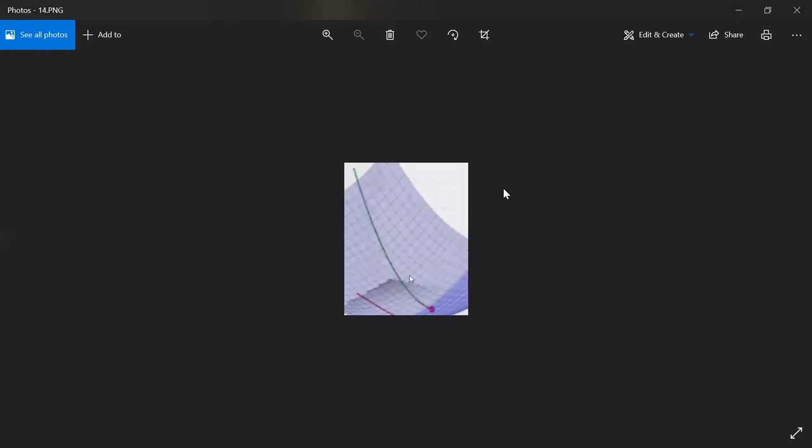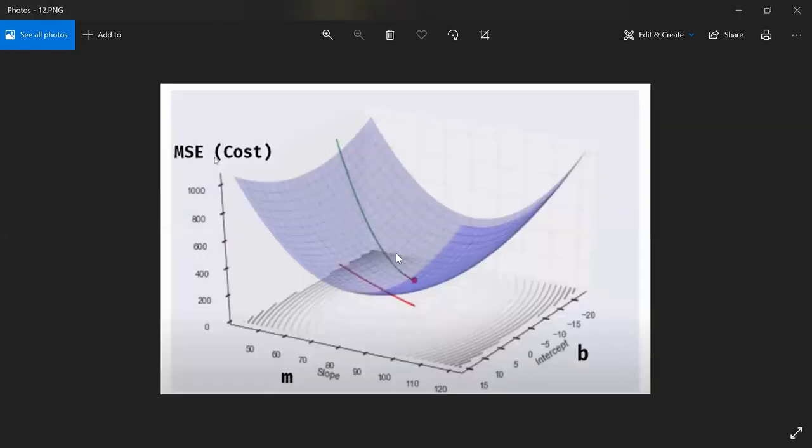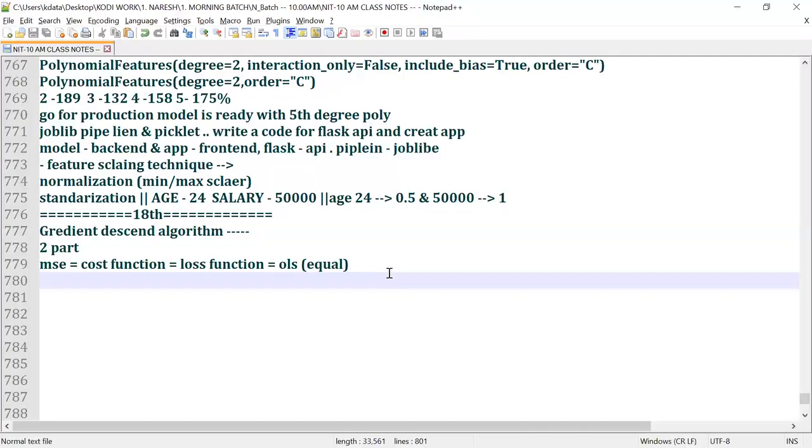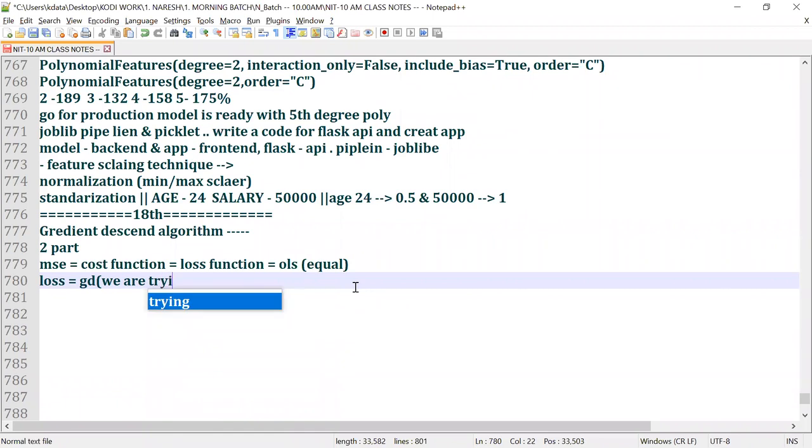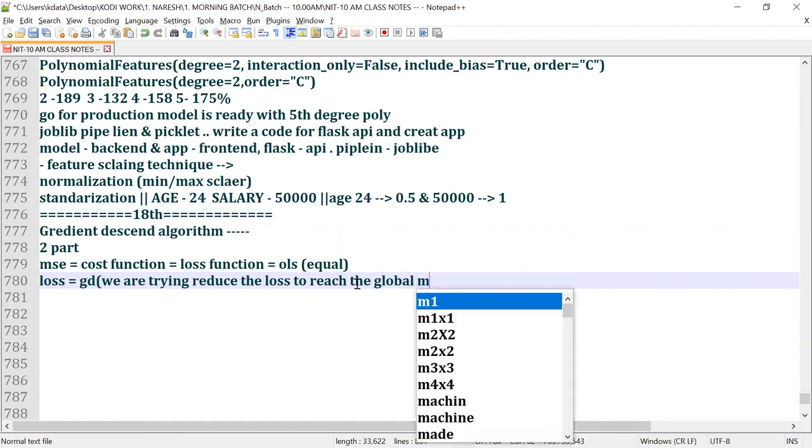At this moment, understand that we try to minimize the loss. What is meant by loss? Loss equals actual minus observed, isn't it? So in gradient descent, in GD, we are trying to reduce the loss to reach the global minima.